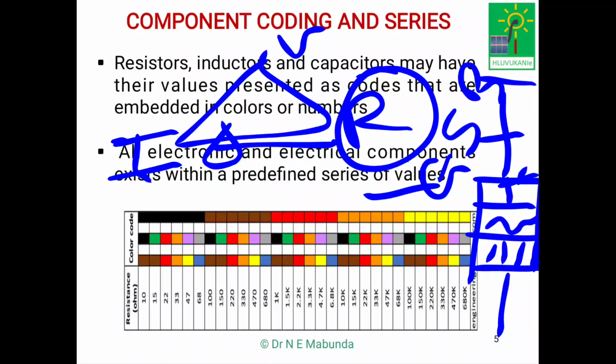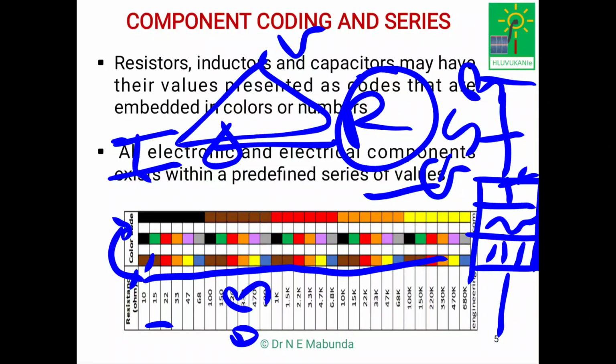Now, we say these colors represent numbers. Let's explore this clearly. If you look at where there's brown, the first digit is 1. So brown represents 1. And the black as a second digit is 0. So black is 0: 0 for black, 1 for brown.